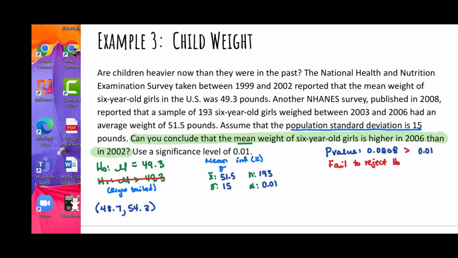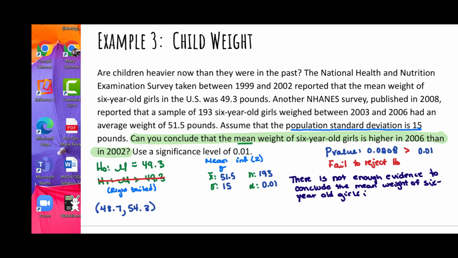So we would say there is not enough evidence to conclude the mean weight of 6-year-old girls is higher than 49.3 pounds.